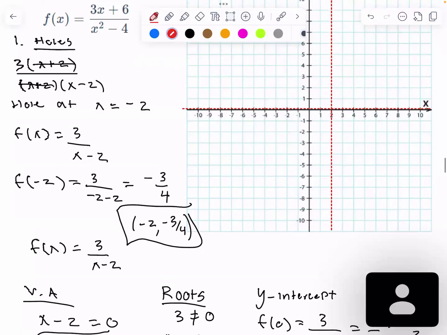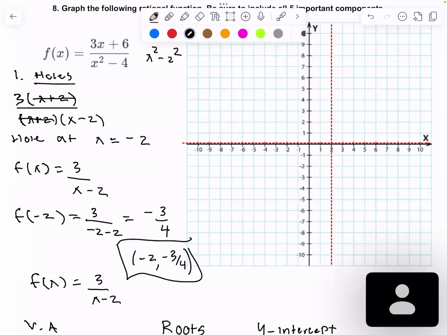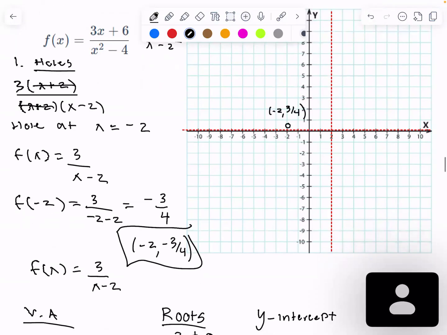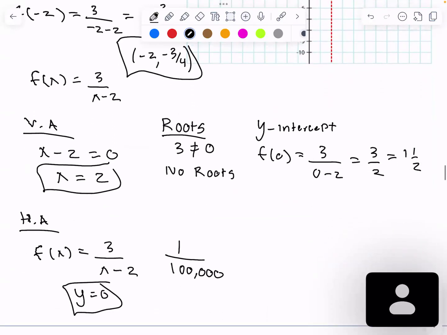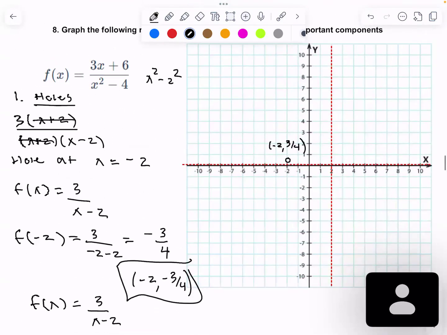Okay, we have a hole at -2, 3/4. So -2, 3/4 is like give or take right here. It doesn't have to be perfect, but I'm going to label that so that I know what it is. And then we have a y-intercept at 1.5, so it crosses the y-axis right about here.